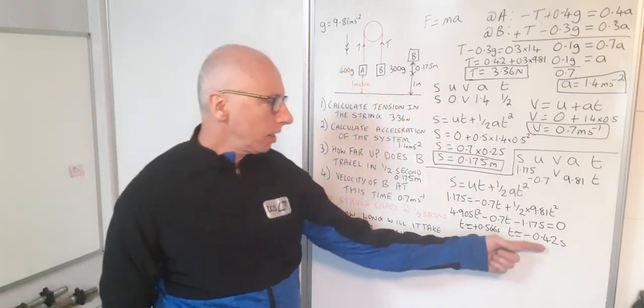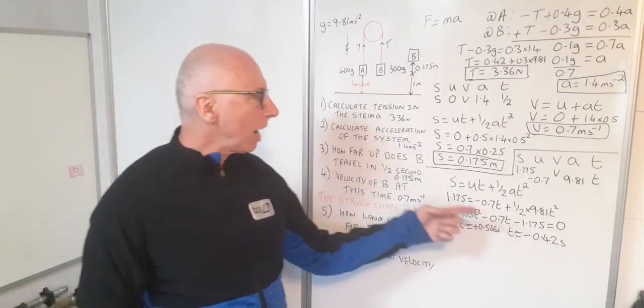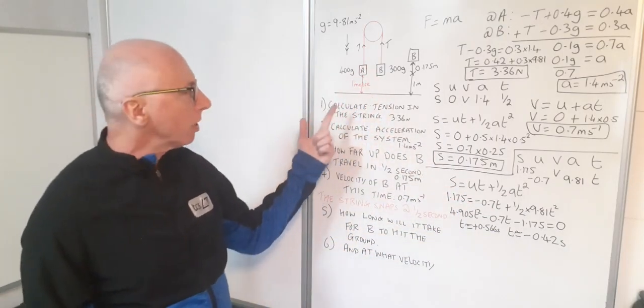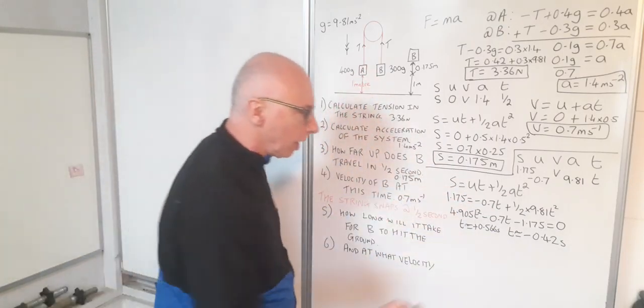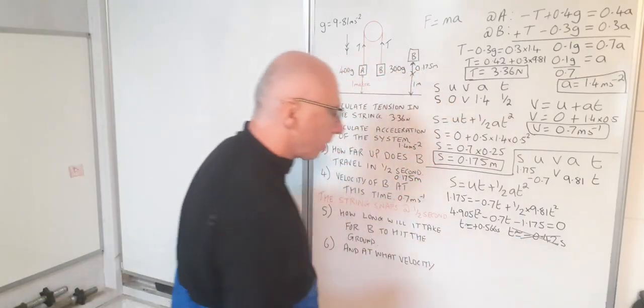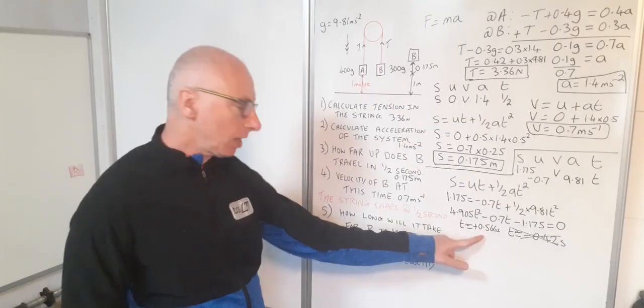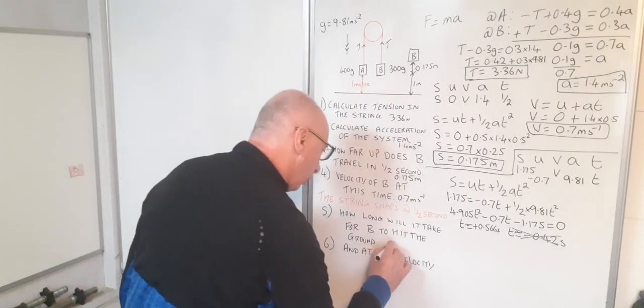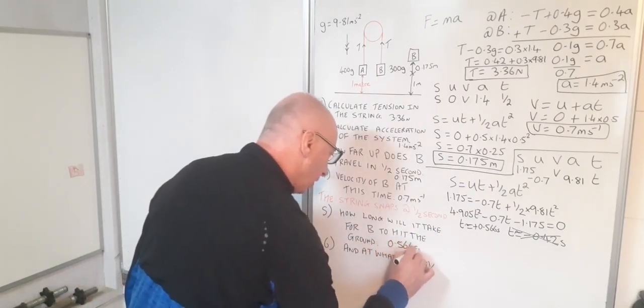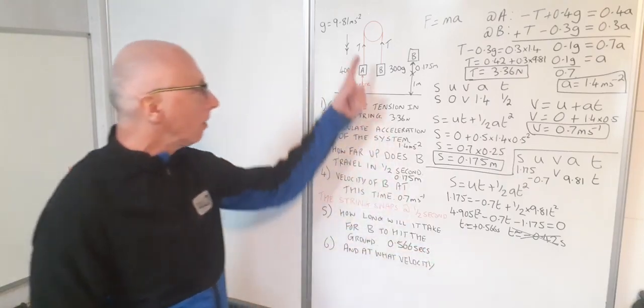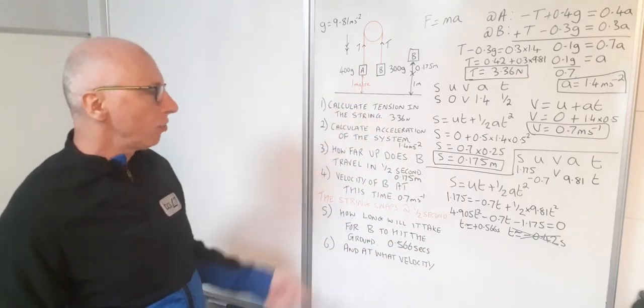Now here, T is negative. So we're looking at what happens as it's falling. Well, some time is going to pass, so it's not going to be negative. So that one is no use to us. So that is what we're going to use as our answer. T is 0.566 seconds. That's how long it will take to hit the ground after the string snaps.